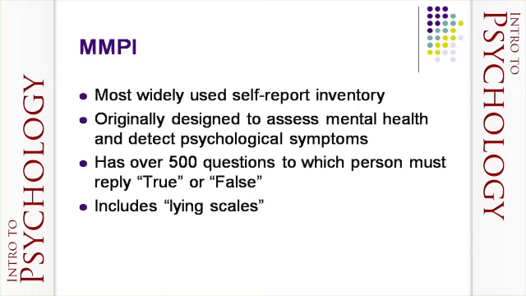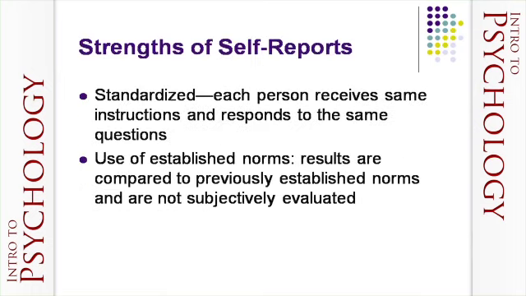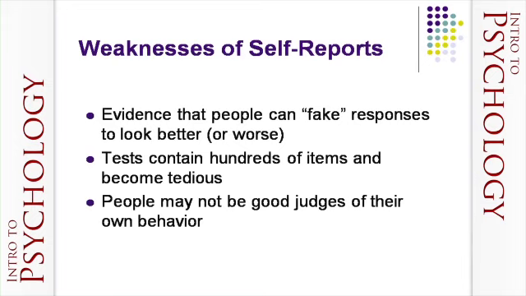So the strengths of those self-reports: they are standardized. Each person receives the same instructions in response to the same questions. Use of established norms: results are compared to previously established norms and are not subjectively evaluated. Then weaknesses: evidence that people can fake responses to look better or worse.